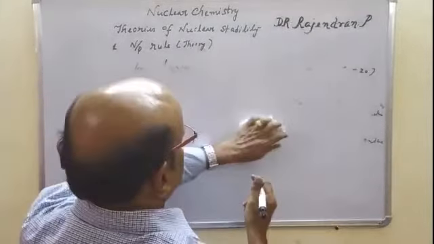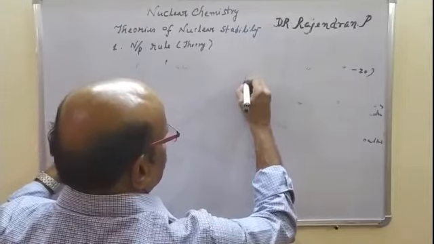So if you plot, a graph is there, the stability curve, the N by P ratio curve.